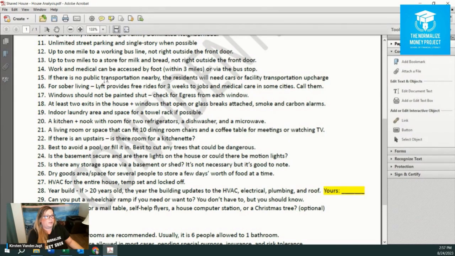So number 15, if there is no public transportation nearby, the residents will need cars or facility transportation upcharge. And so what this means is that, in some cities, let's say that they do have an opioid addiction problem, which is a lot of cities. Maybe they are out in the country, they have a population of 20,000 or 30,000, and the public transportation is lacking.